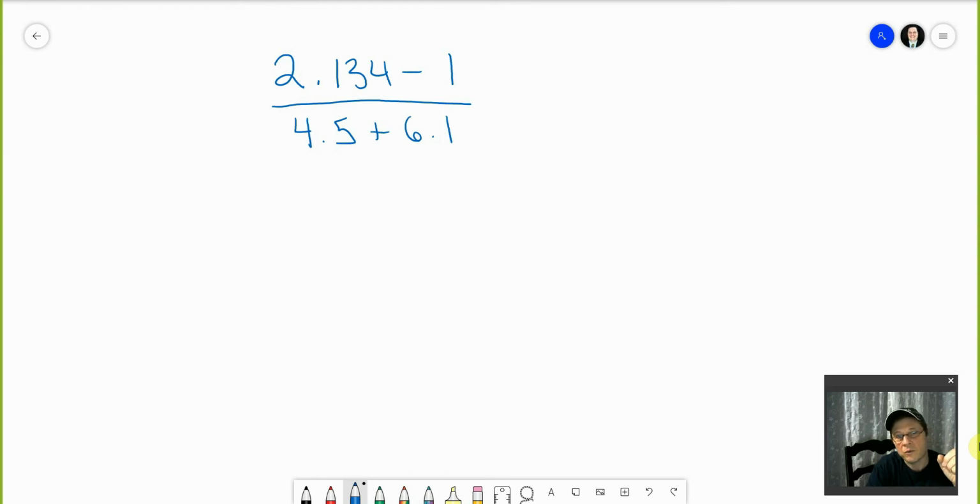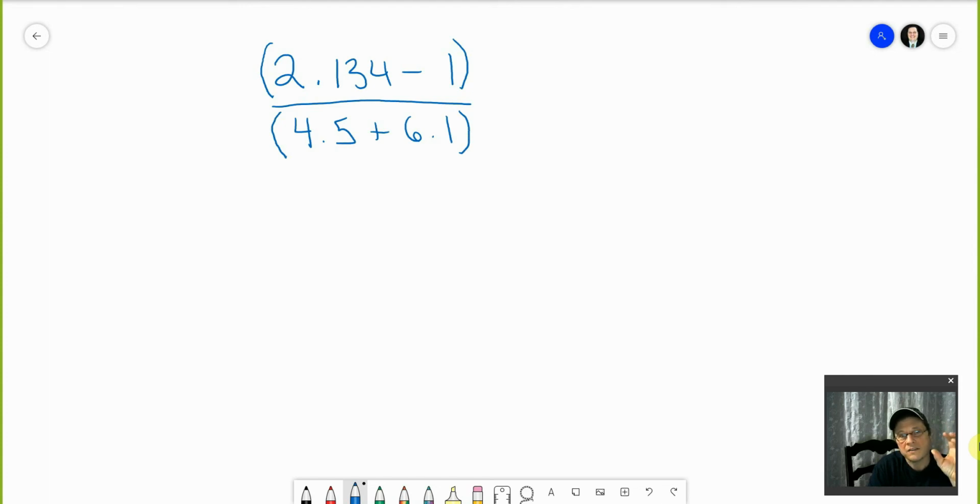So when you come across a fraction like this, you can't solve it unless you're dealing with actual numbers. So what you would do in each and every case is put your own brackets around the numerator and around the denominator.